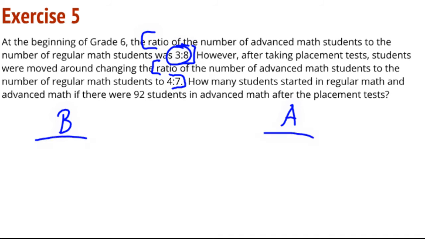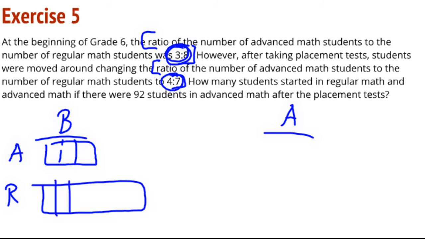My brain has already been screaming at me that this is 11 units and this is 11 units. The only difference is how they're organized. And we've got the advanced math and the regular math. And in the advanced math, we had 3. And in the regular math, we had 8. After the placement test, I've got 4.